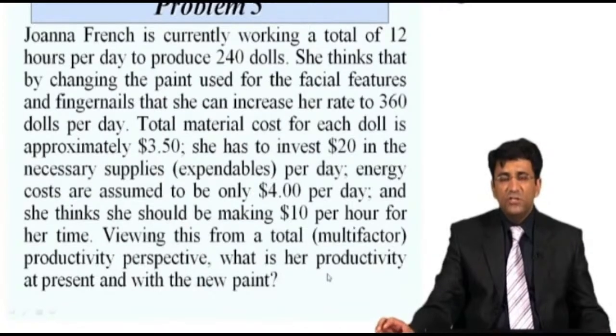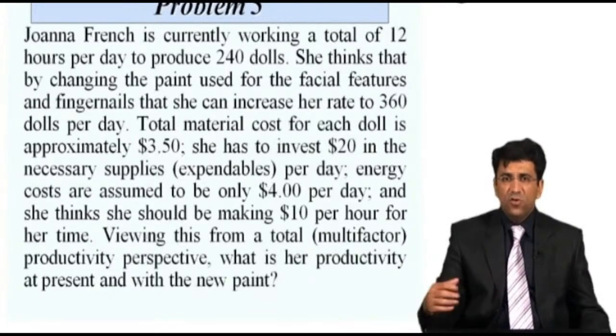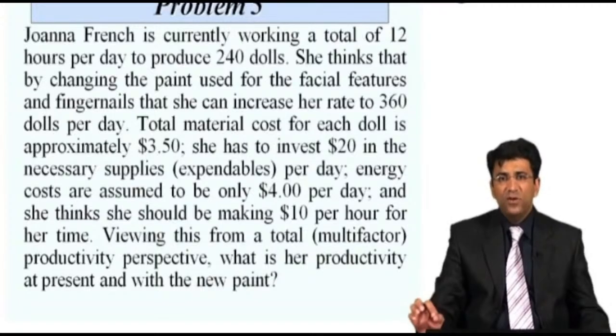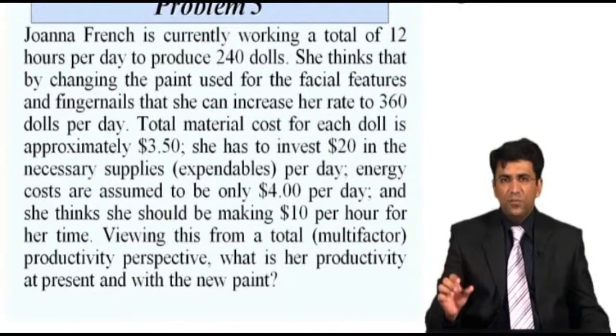Because no doubt she is working as an entrepreneur, but professionally in different organizations, no doubt she is working as the owner, but she will have to calculate the labor hours spent for the different work, so that we can take that particular input for the calculation of productivity. So the labor hours in this case will be equal to 10 multiplied by 12.